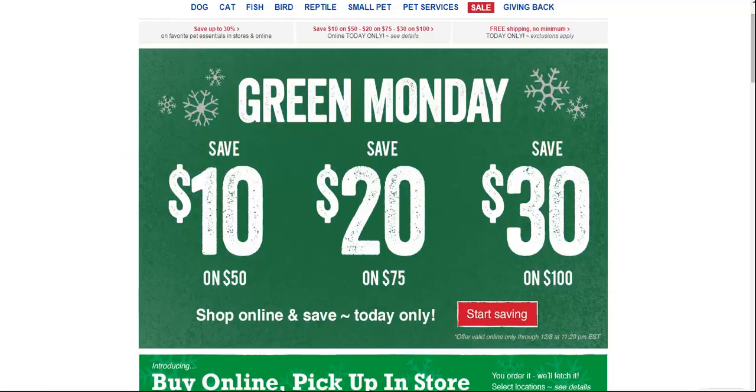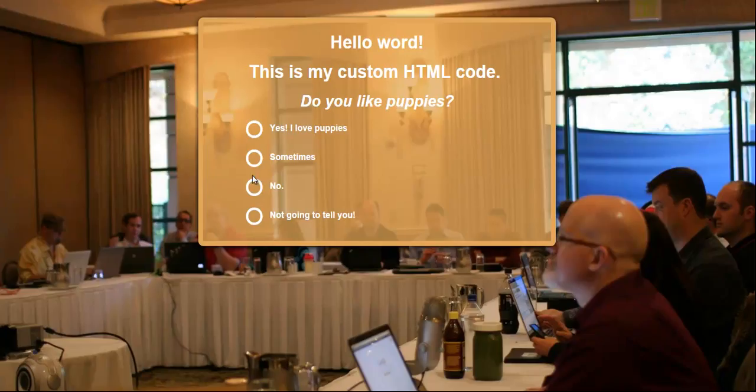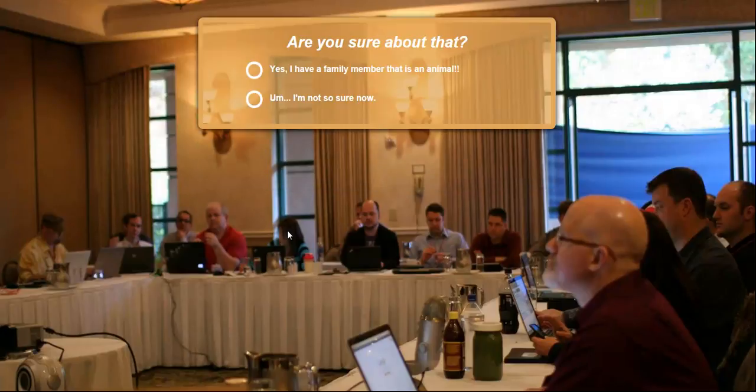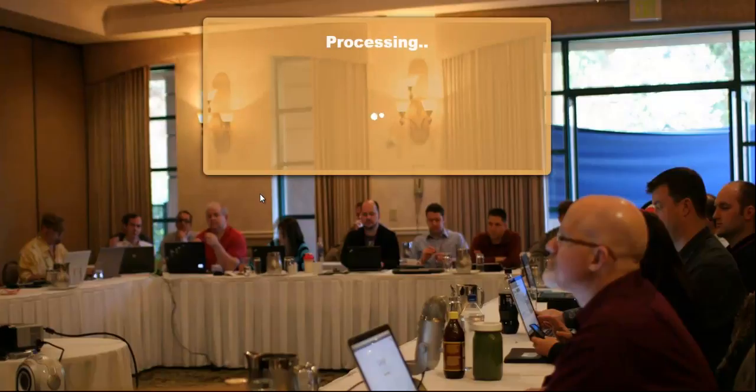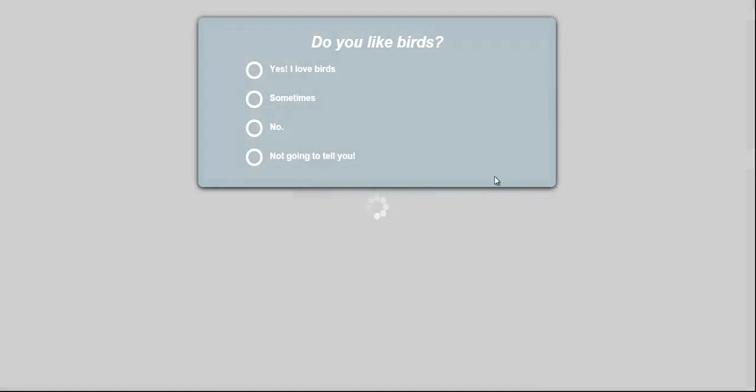So let's clear this out and go back to our funnel here. This time we're going to do it again, and I am going to answer no, I don't like puppies. Yes, I like cats. And yes, I have a family member that's an animal. It's going to process again, but this time I have a third question.